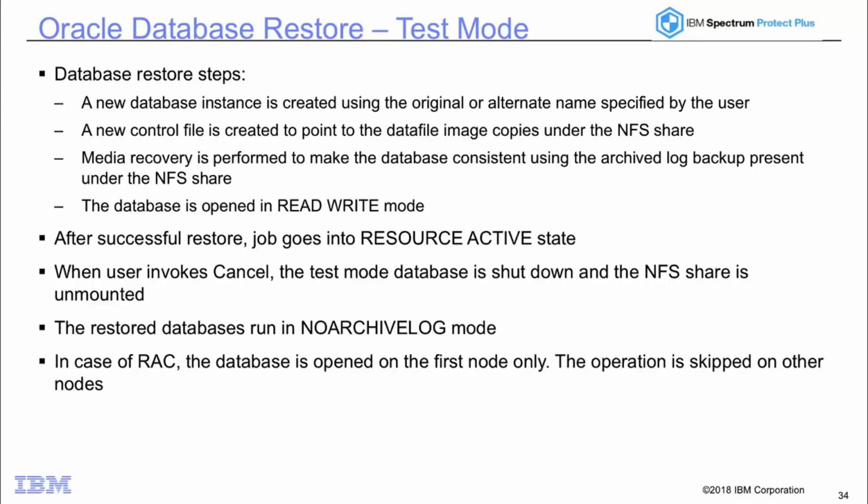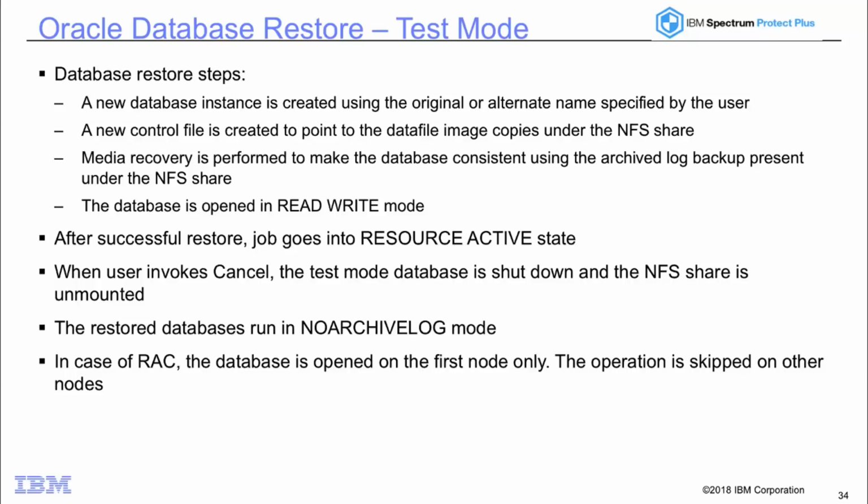A new control file is going to be created to point to the data file image copies under the NFS share. And media recovery is performed to make the database consistent using the archive log backup that you have on the NFS share. And then once you do that, the database is going to be opened in read-write mode.